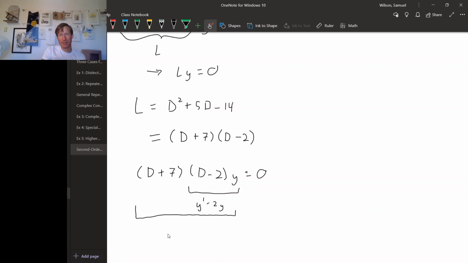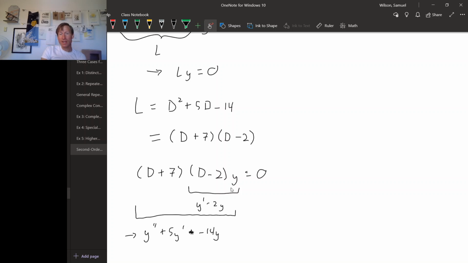And that would give you y double prime plus 5y prime minus 14y. Right. So again, it still looks like we're just rephrasing what the original differential equation was.